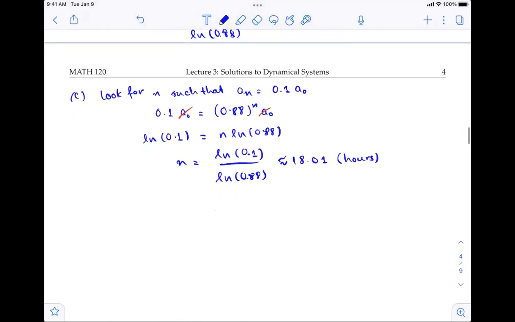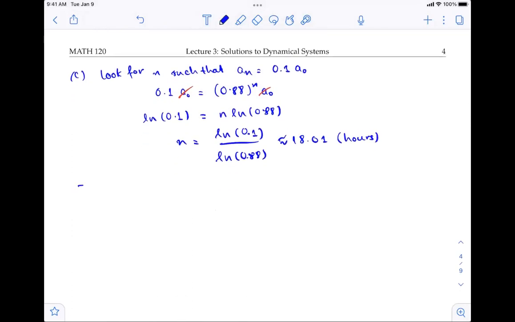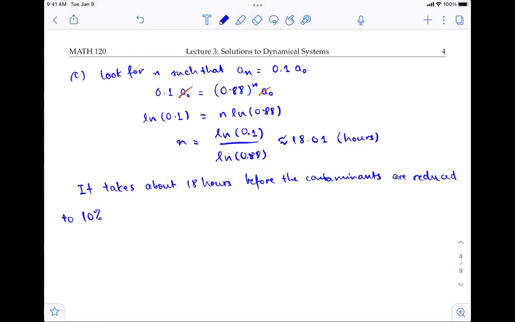You can draw a conclusion that it takes about 18 hours before the contaminants are reduced to 10% of the original level.